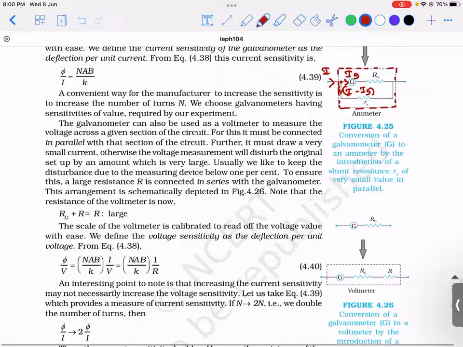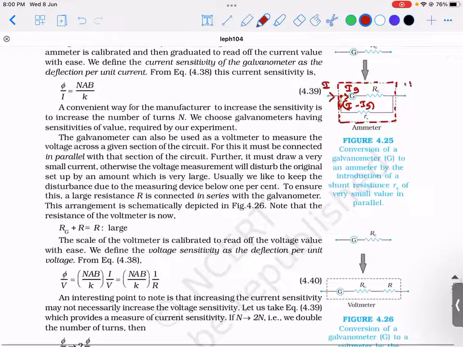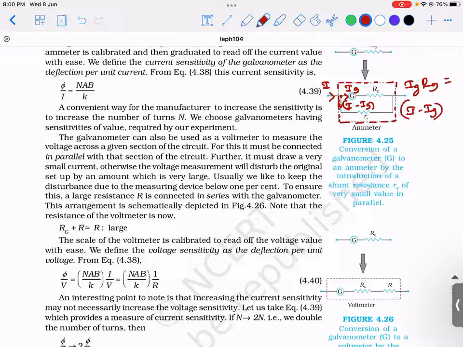Now what will happen is IG into RG is equal to I minus IG into RS. Accepted? Because the current through the galvanometer is passing through the resistance of the galvanometer, the potential drop across the galvanometer will exactly be the same as the potential drop across the shunt resistor, because they both are in parallel.